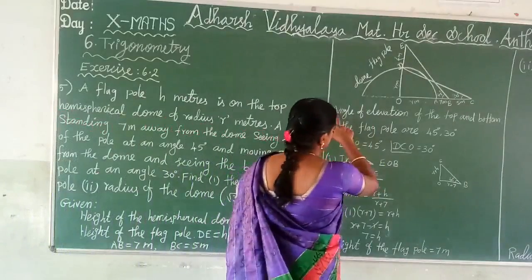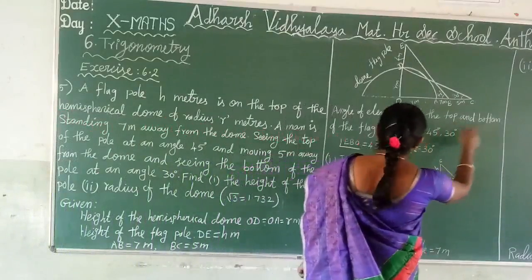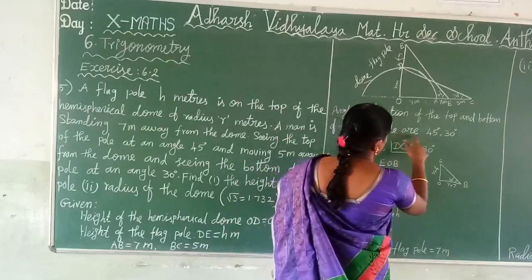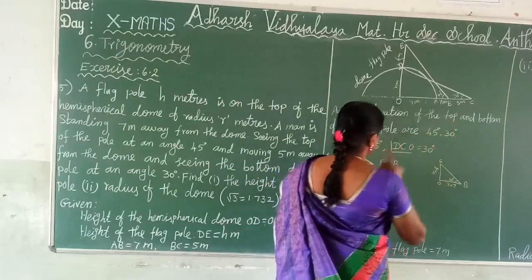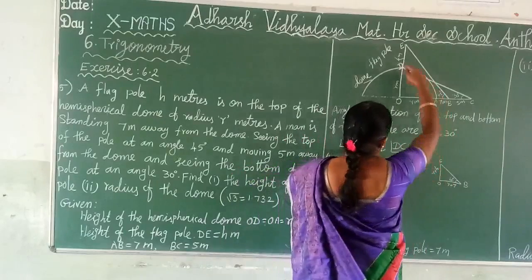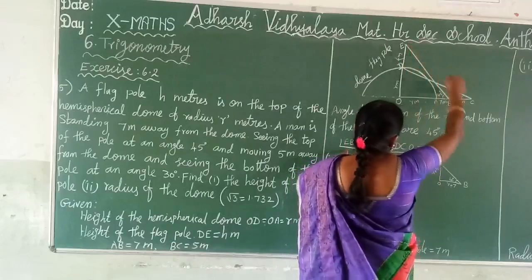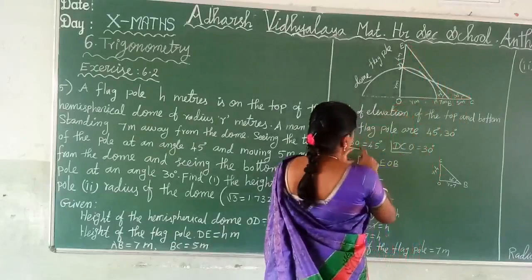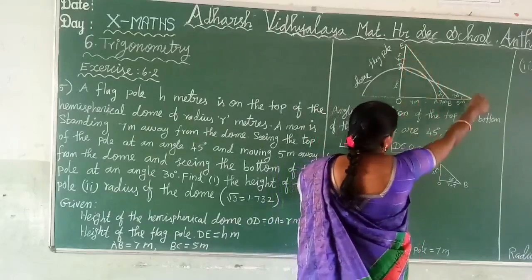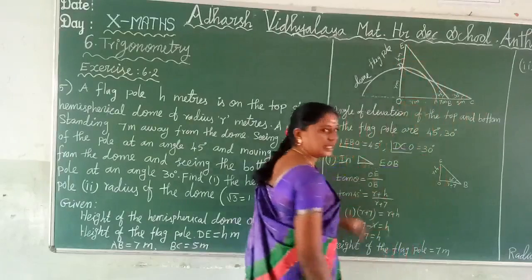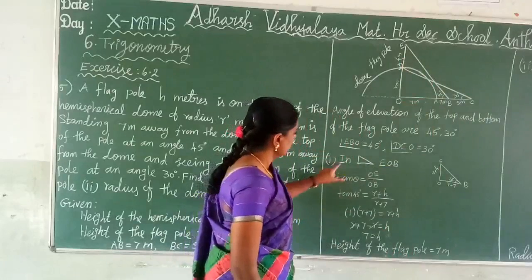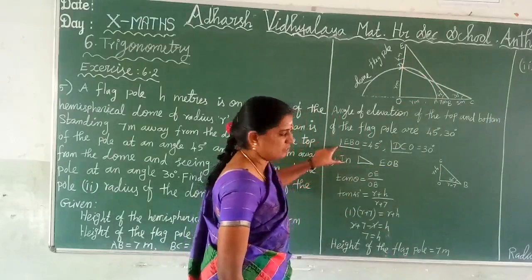That is right angle. Angle of elevation of the top and bottom of the flagpole are 45 degree, 30 degree. So which is 45 degree? Angle EBO is 45 degree, angle DCO is 30 degree. Clear? So these are the given values.